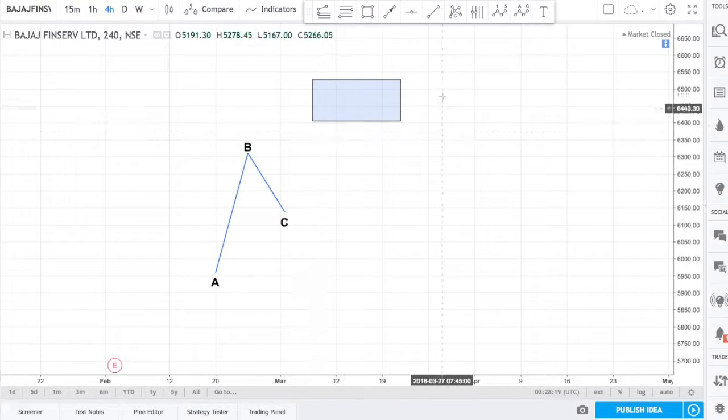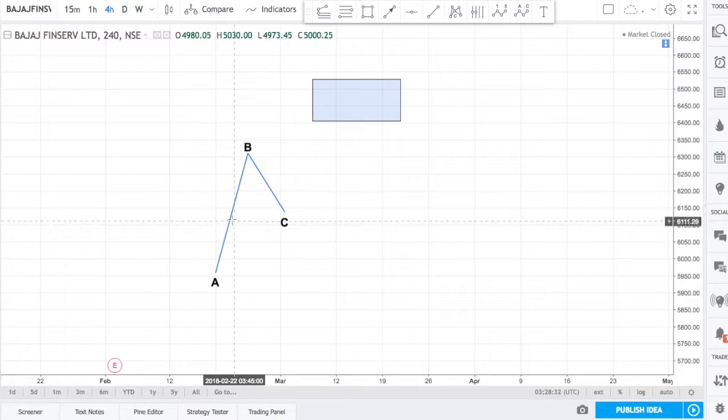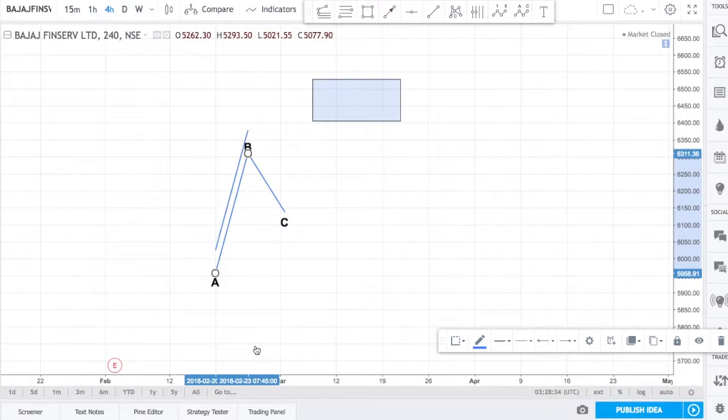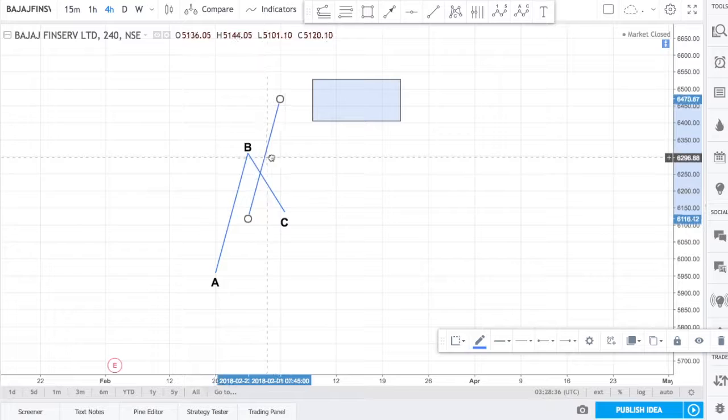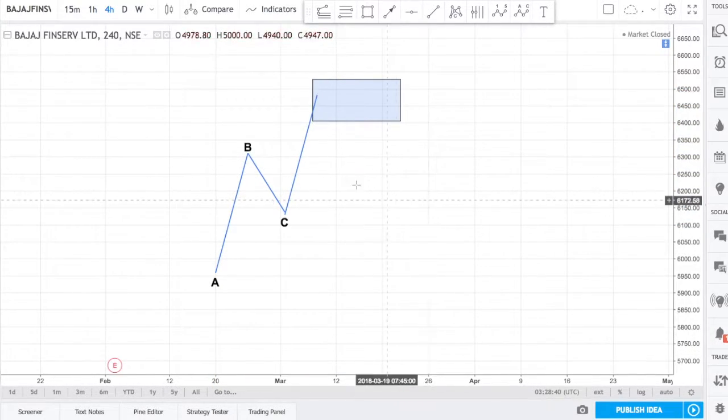This zone is from where we need to take our trades. Next, take a clone of the AB leg and complete the CD leg.